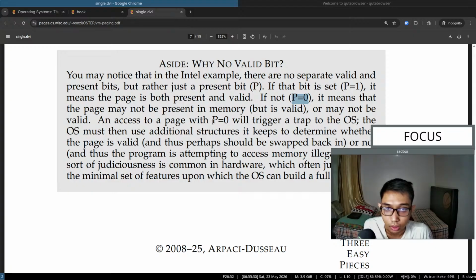So if P equals 0, is this related to, what is it called, the page fault?